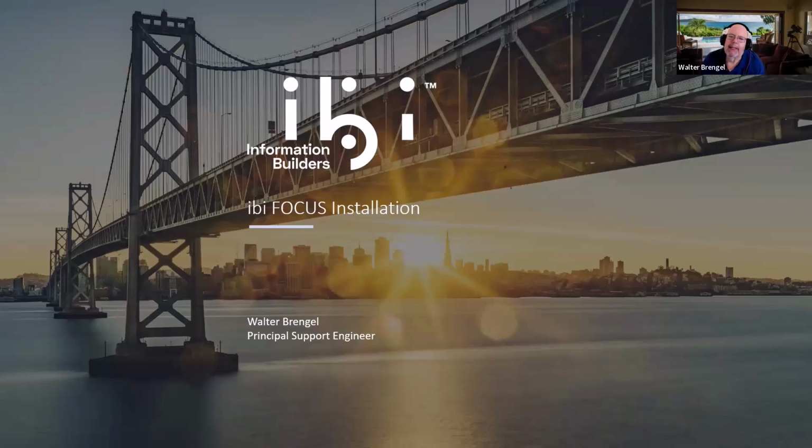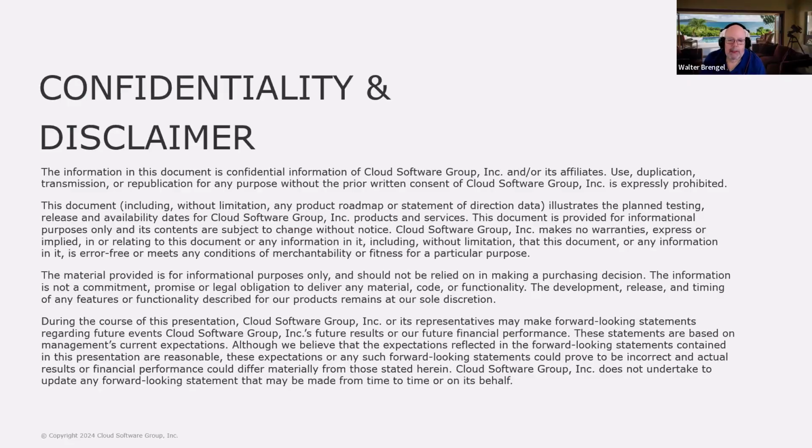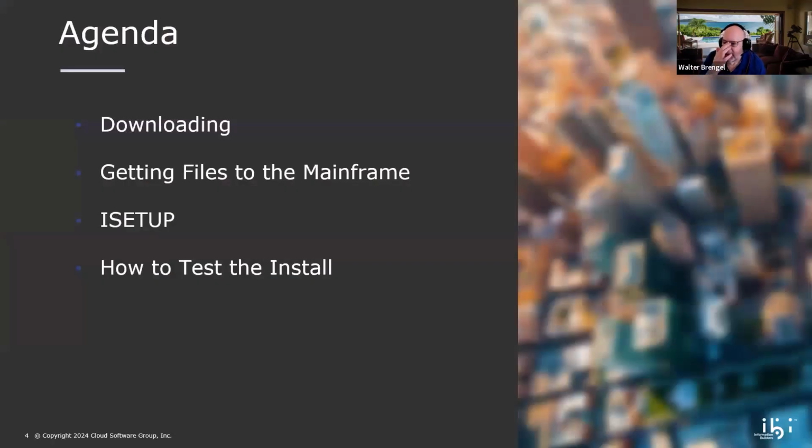Well, it doesn't quite work that way anymore. So we're going to talk about how to download the files from eDelivery, how you get your files to the mainframe, what happens when you run iSetup, and then how to test the install.